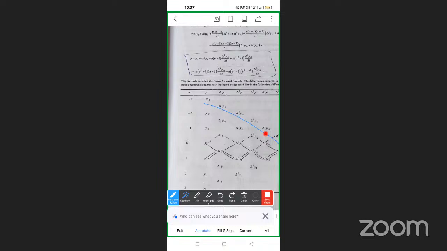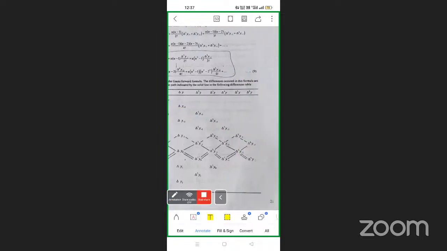The remaining are decreasing: delta y minus 2, delta y minus 1, delta y naught, delta y1, delta y2. So here the index is decreasing: y3 to y2, y2 to y1, y1 to y naught, y naught to y minus 1.